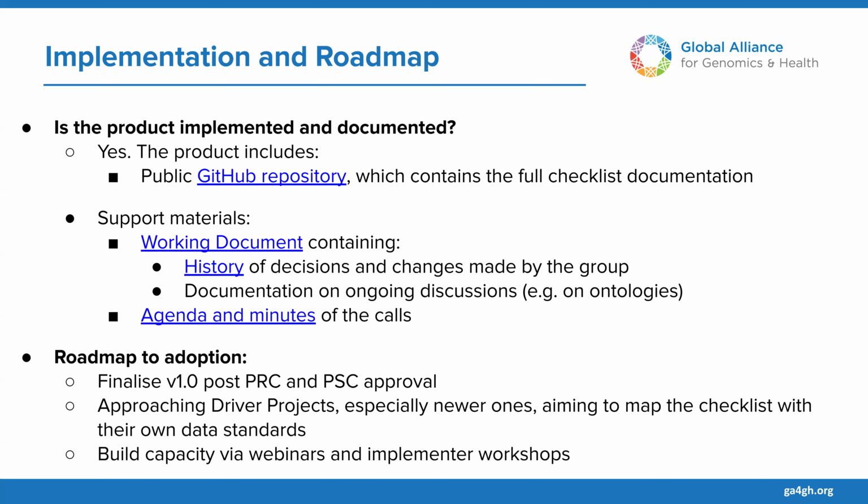Would you be interested in implementing this, or at least aligning to this with your existing data model? That might allow us to identify even more things to include in version 2 of the document. And we aim to build capacity via webinars and implementers workshops and so on.